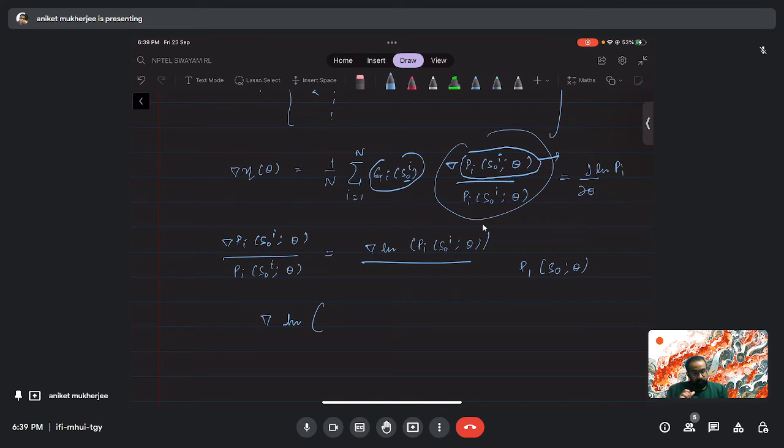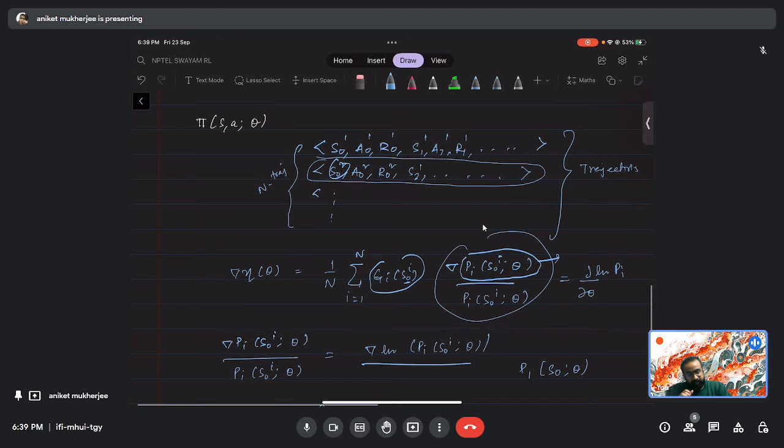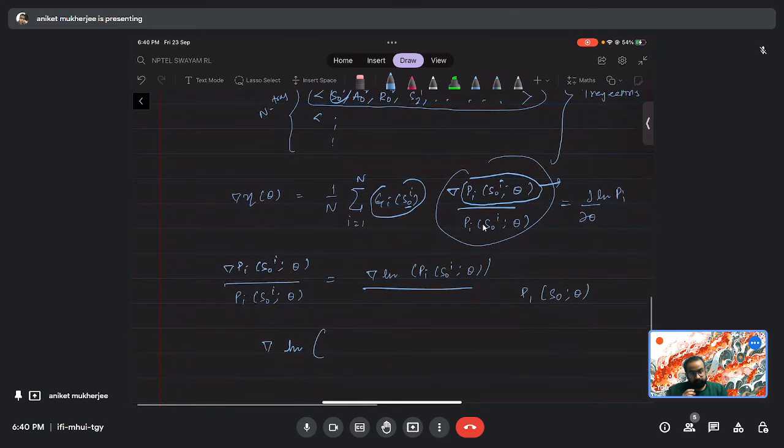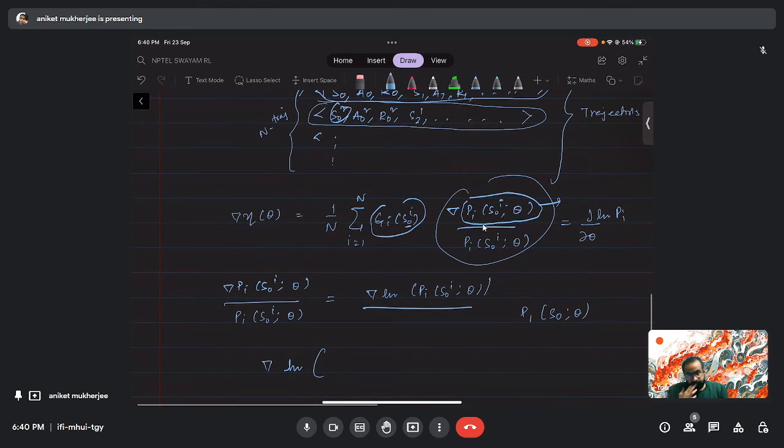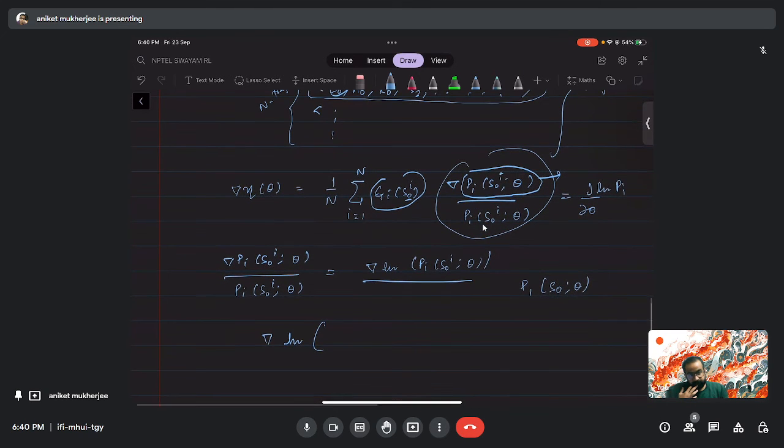Given a theta, the policy pi is parameterized by theta.